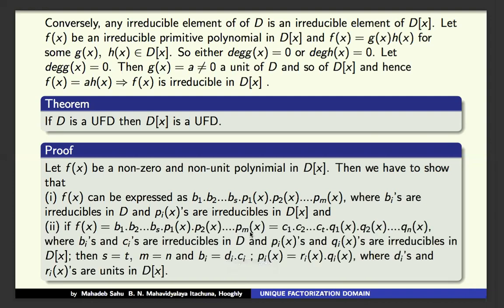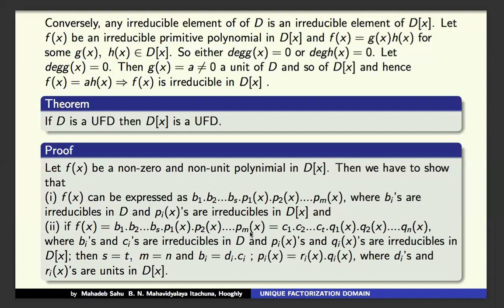Next, if f(x) equals b1 ... bs p1(x) p2(x) ... pm(x), and again it can be expressed as c1 c2 ... ct q1(x) ... qn(x), where the bi's and ci's are irreducibles in D and the pi(x) and qi(x) are irreducible in D[x], then s equals t and m equals n, and bi equals di ci, where di is a unit, that means bi and ci are associates.